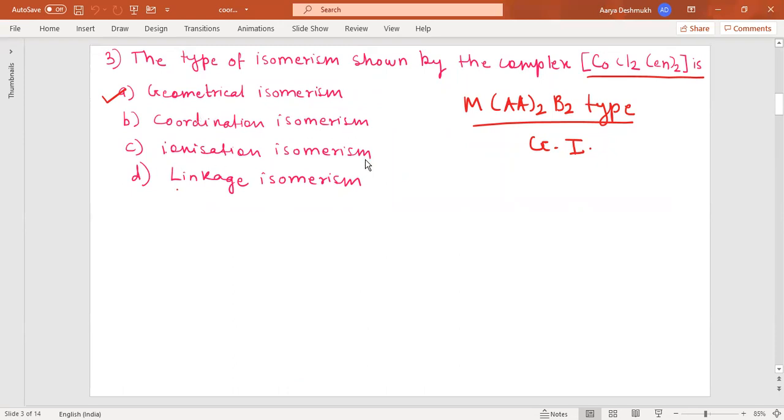It is again not an ionization isomer, nor a linkage isomer. So we are left with only geometrical isomerism. So it will show geometrical isomerism. You can find the different combinations for this. Isn't it? Now the next question, we will go for the next one here.